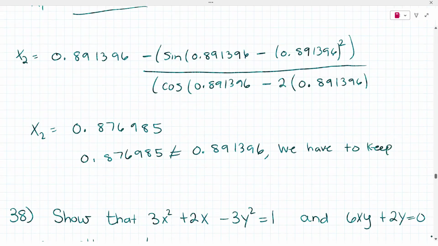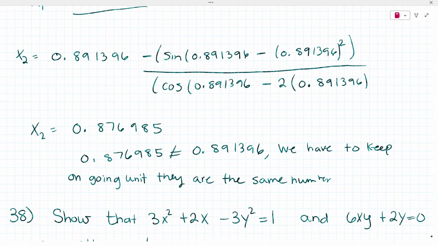We have to keep on going until they're the same number. I'm running out of space, so I'm going to put it on the right.